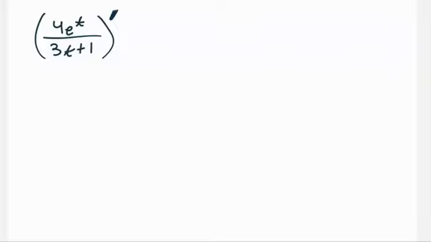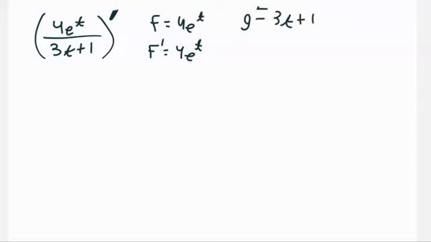So the top is 4e to the t. Good news, the derivative of e to the t is just e to the t. So just 4e to the t. And the bottom is 3t plus 1, and the derivative of the bottom is just 3.